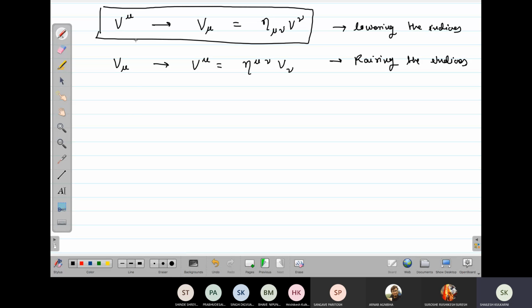You can generalize this to any tensor T. Any contravariant tensor can be converted to a covariant tensor: eta mu alpha, eta nu beta, T alpha beta.